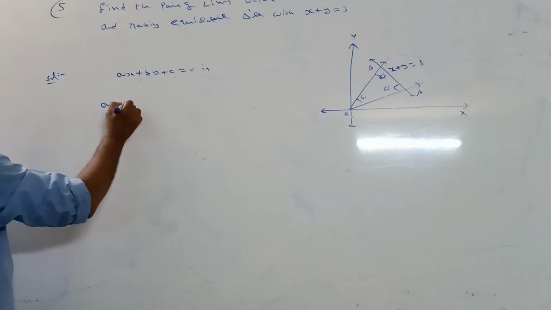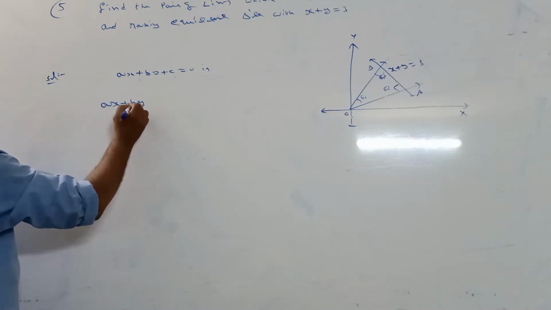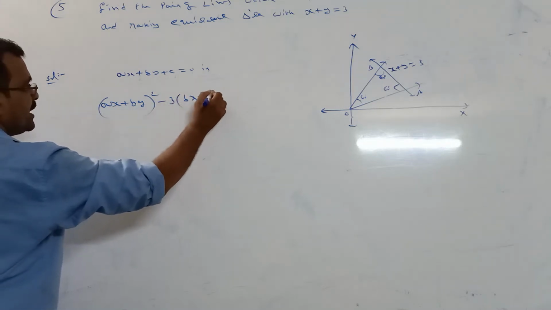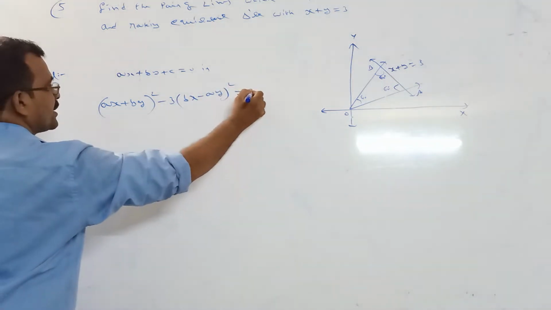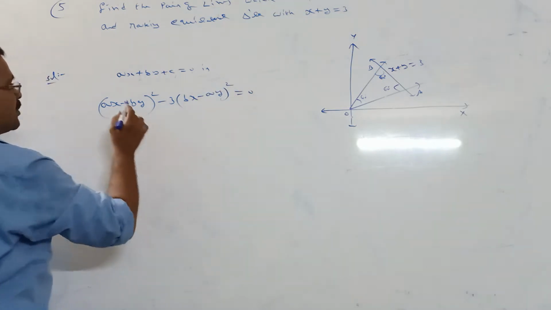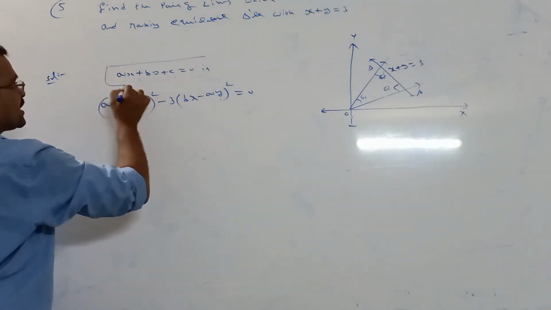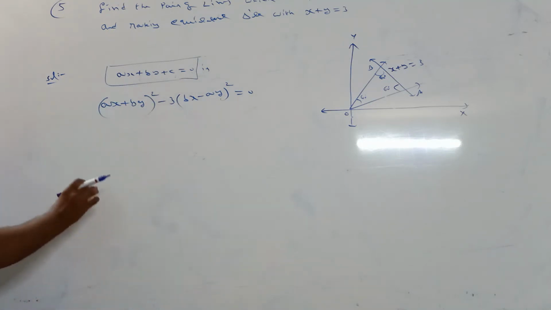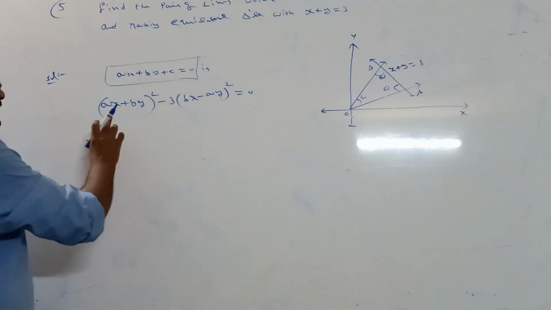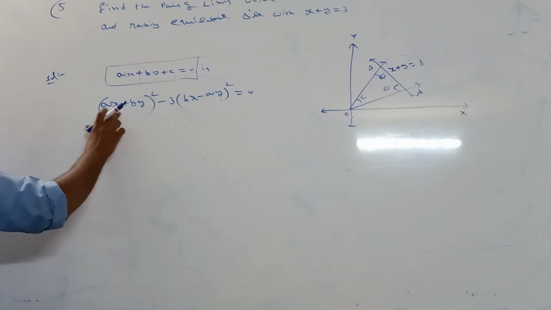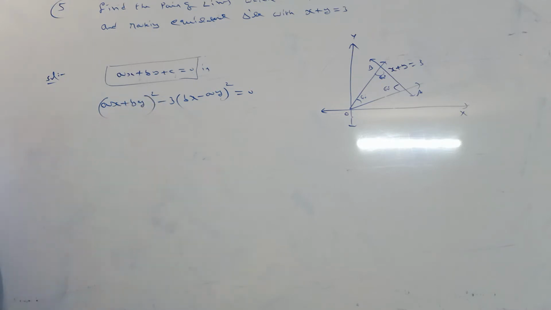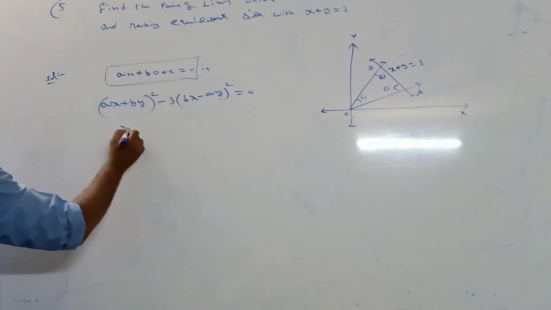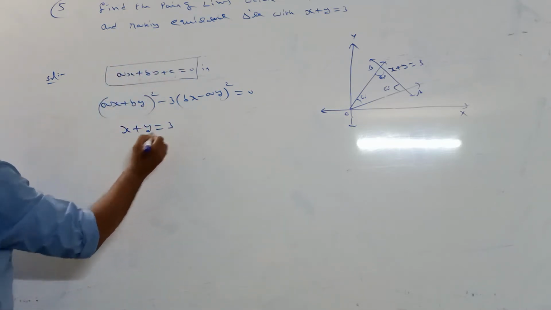The formula is ax plus by whole square minus 3 into bx minus ay whole square equals 0. So the given line is x plus y equals 3.